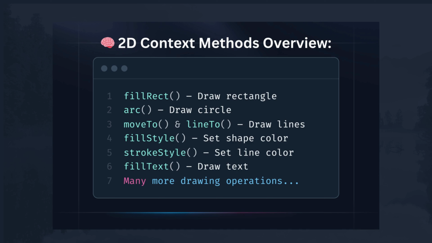Drawing lines, moveTo, lineTo, setting colors and styles, fillStyle for setting the color of the shape, strokeStyle for setting the color of the line, drawing text, fillText, and many other drawing operations.